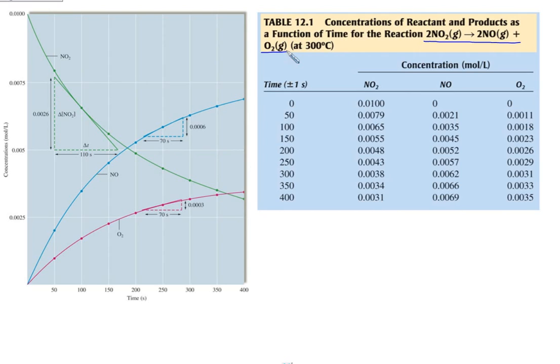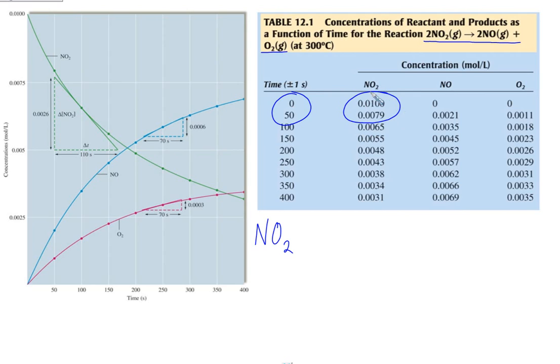First, let's focus on the data in the table. So if I want to do change in concentration over time, let's start with the reactant, nitrogen dioxide. This is over the first 50 seconds. So over the first 50 seconds, here's my change over time. Now technically this should always be final minus initial.